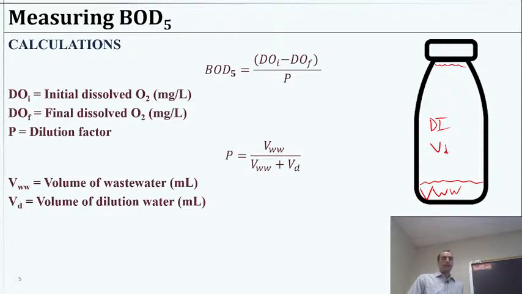So our P then is going to be the volume of the wastewater divided by the total volume, which is those two added together, right? So this would just be total. So it would often be something like, let's give it the 10%, like I was saying, 30 milliliters per 300 total. Something like that would be pretty typical, right? And that would be P equals 0.1.